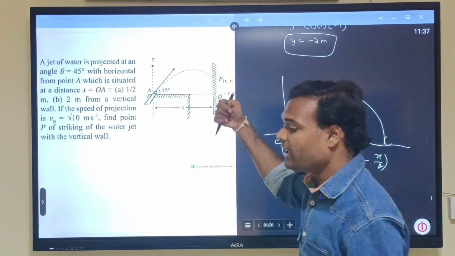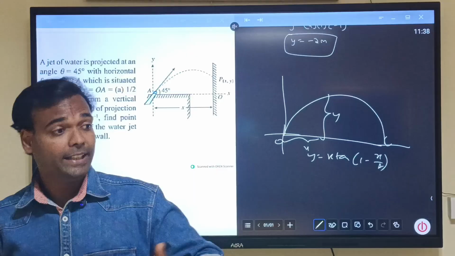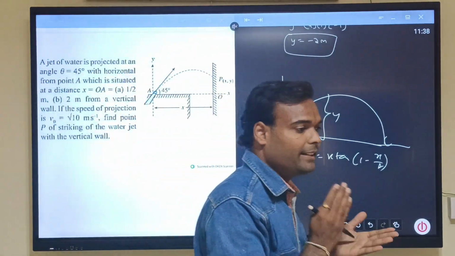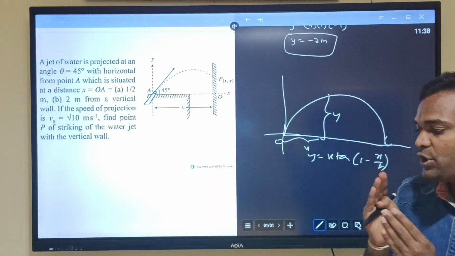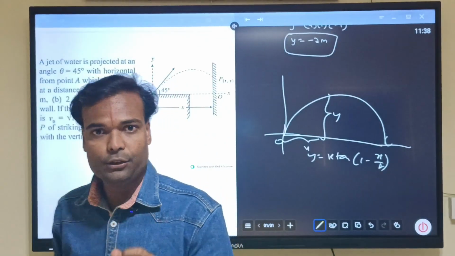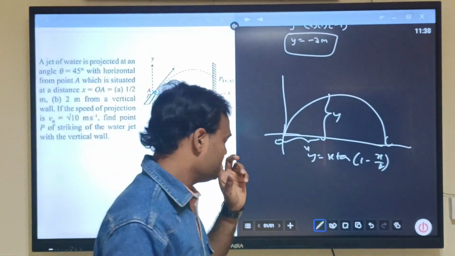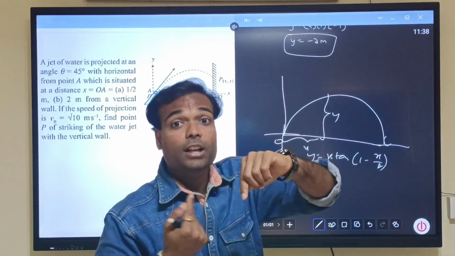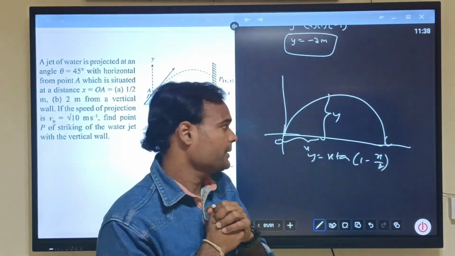But here the question is asking what if the y component is negative. This is the condition, and it is most important to analyze the situation and go according to the concept, and think again and again how to solve the problem within the boundary of the concept, right?